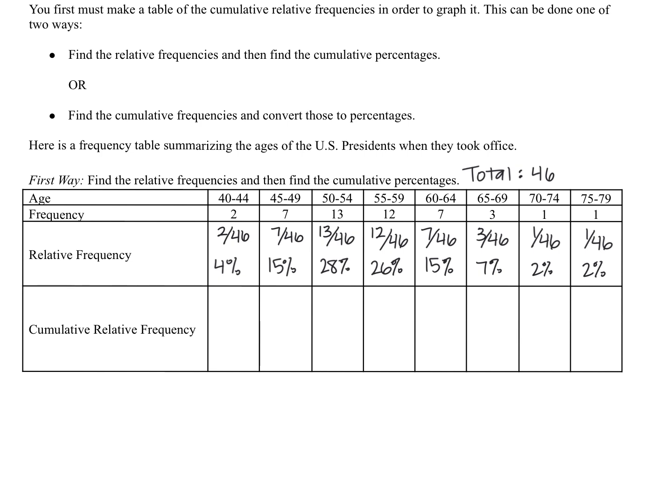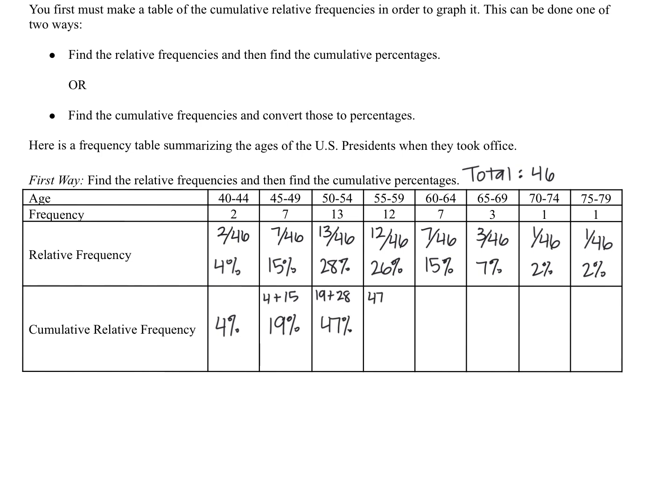Now when I do the cumulative relative frequency, the first percentage always stays the same. The total number of presidents so far that have fallen in your age range is just 4%. Now you're adding as you go. At 45 to 49, you're finding the total percent of presidents who are between 40 and 49. So you do 4 plus 15, which is 19%. Then we take that 19% and add our next percentage, which is 28, which is 47%.